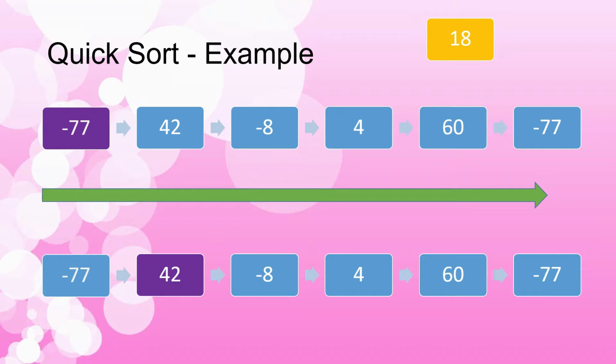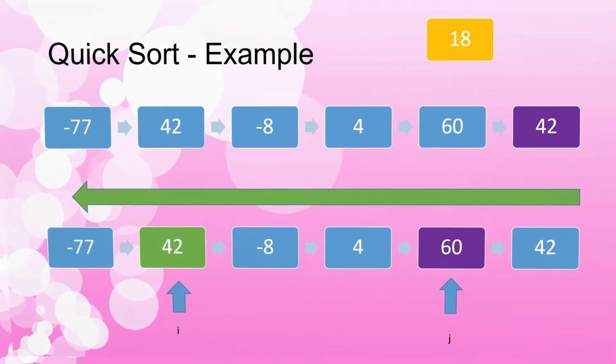Then we start with i++. i++, which is 0 plus 1 equals 1, is the 42 in our case. And we go from the left to the right this time, and we search for an element that is greater than the pivot.